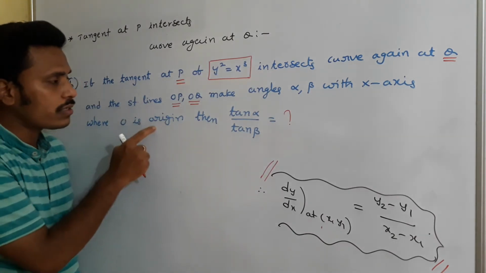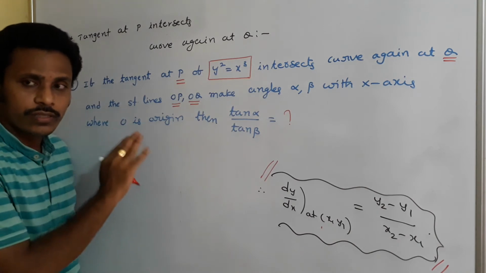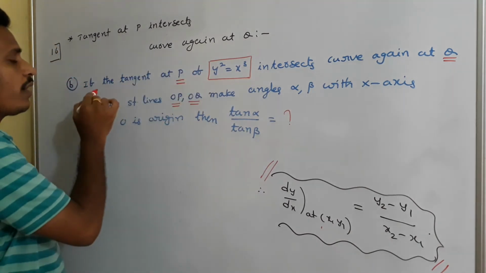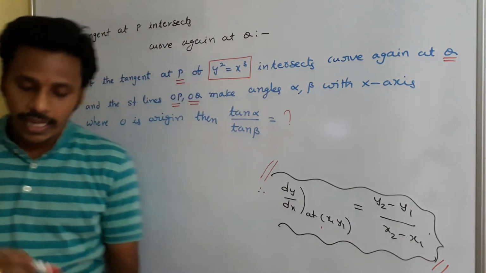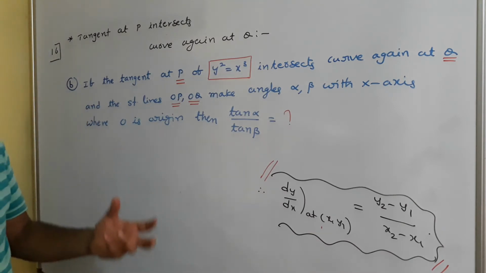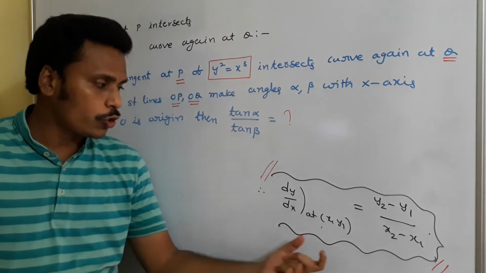See, these two lines are related to the slope concept of straight lines. So for some time you just keep it aside, and then think about the first line where they indicated that the tangent at a point P of the curve intersects the curve again at Q. So initially we need P and Q to establish a relation between the coordinates of the points using this.